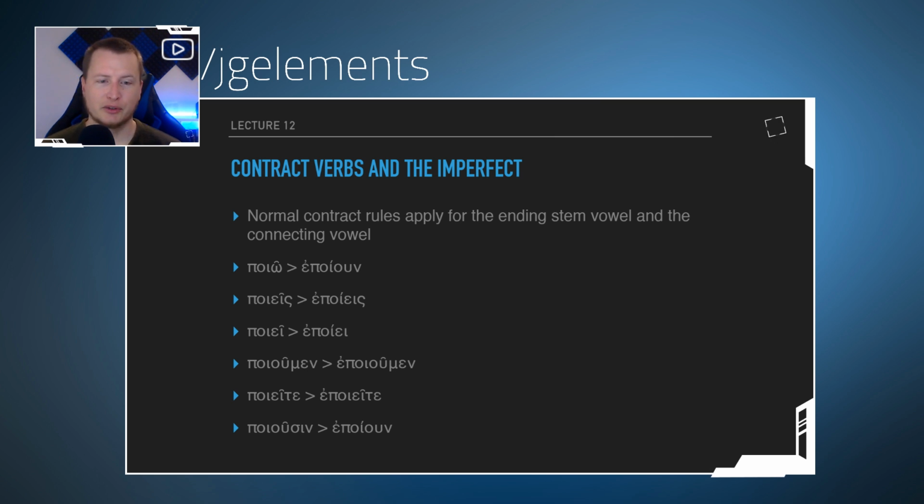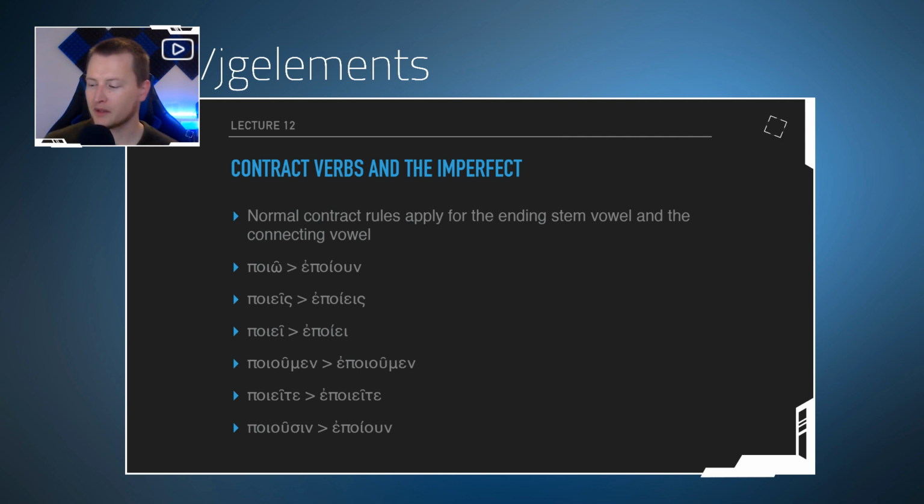And then the same is true in the third person singular, epoiei. Two crabs, crab with a hook. First person plural looks identical, except with the addition of the augment. Second person plural looks identical, except with the addition of the augment. Third person plural looks identical to the first person singular, epoioun.